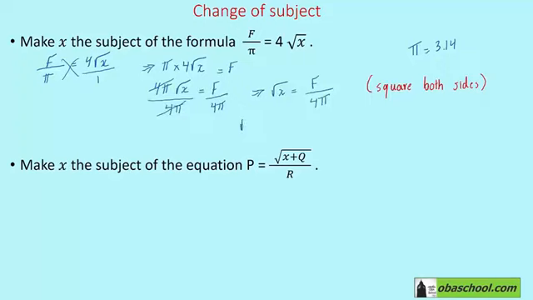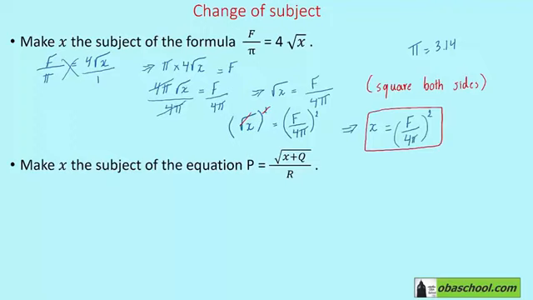And make sure that you square both sides and not just the side that has the x, since that will make your solution wrong. Now, it's going to be radical x squared equal to f over 4 pi squared. And now, the exponent 2 cancels the square root, so it's going to be x equal to f over 4 pi, all squared. And that is the solution for x.